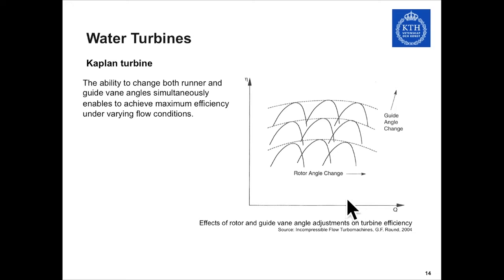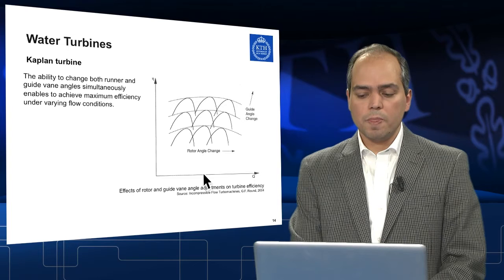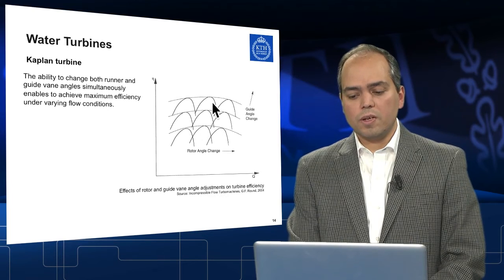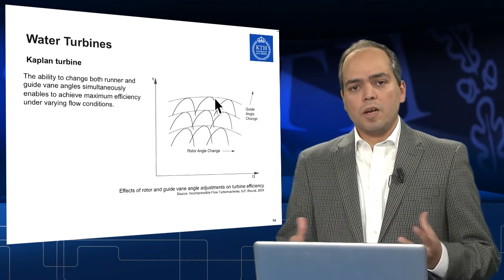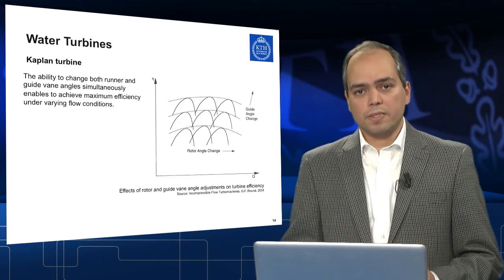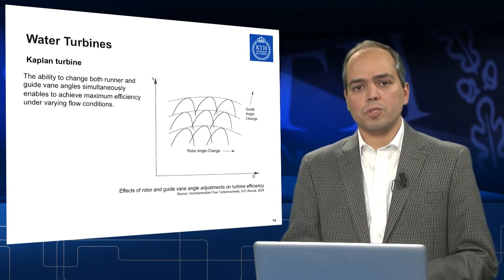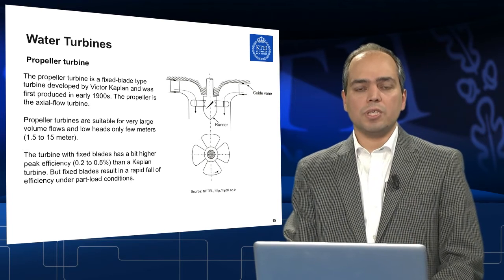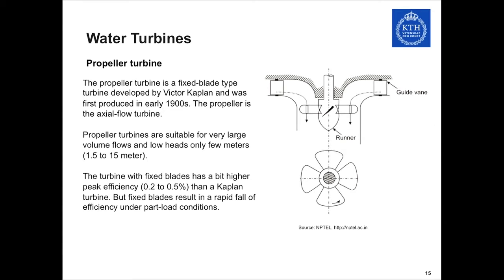If flow decreases, for example, then the angle could be changed, and this curve could be adjusted to the new incoming flow. The guide vane angle is also adjustable, so this has an impact. The combination of these enables the coupling turbine to adapt its best efficiency point to the incoming flow, which makes it a more suitable option if flow varies quite widely in some project schemes.